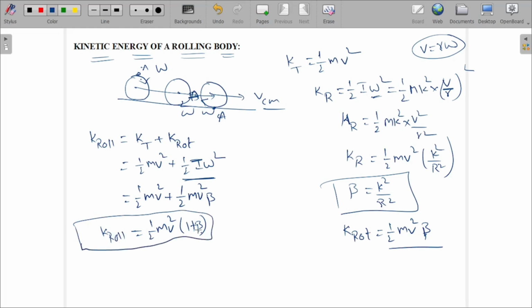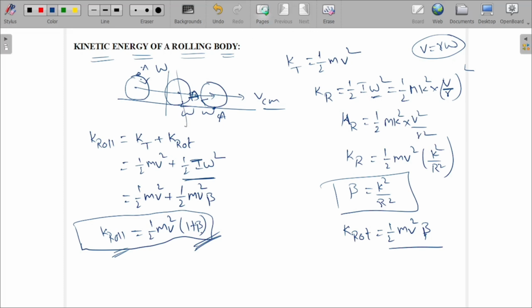Clear? So this rolling kinetic energy will change with respect to the position of the body, I mean the diameter and axis of the body. It will vary, and it changes from body to body.